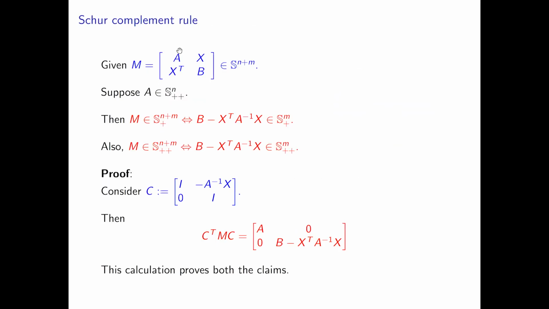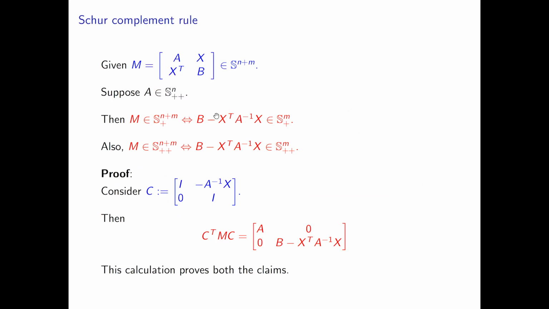So again, the notation for positive definite puts 2 pluses in the subscript: S sup n and then 2 pluses means A is positive definite. Basically, the Schur complement rule tells us a way of figuring out whether M is positive definite or positive semi-definite. So the result is that M, the whole matrix M, is positive semi-definite, under the condition that A is positive definite, if and only if this expression is positive semi-definite. What is this expression? I take B minus x transpose A inverse x.